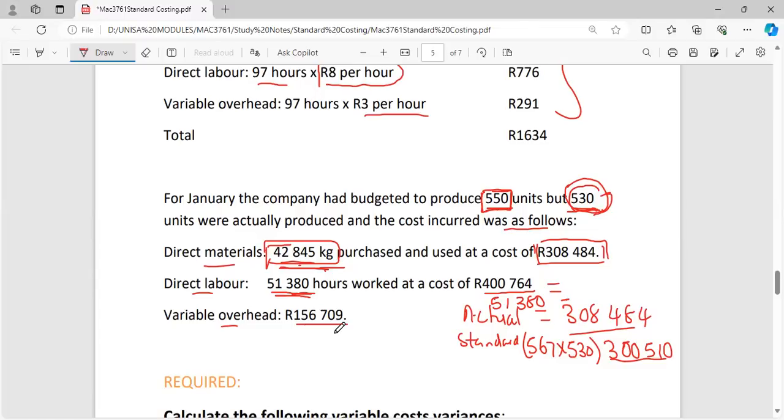We divide by the number of hours, 5,380. How much are we going to have here?